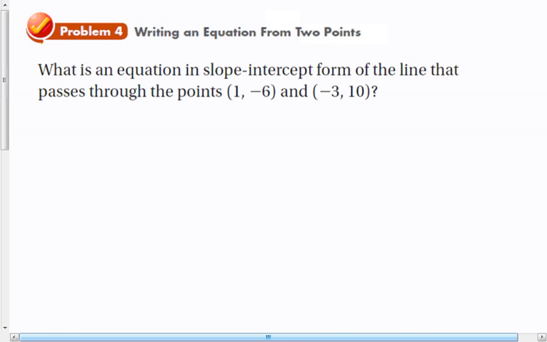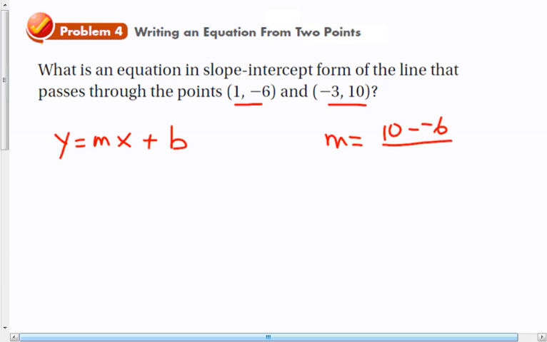Okay, if we have to write an equation from 2 points, within those 2 points is some information about the slope. So we can for sure find m. And to write our equation, we need y equals m times x plus b, slope times x plus the y-intercept. So let's find the slope. Let's do 10 minus -6 divided by -3 minus 1.